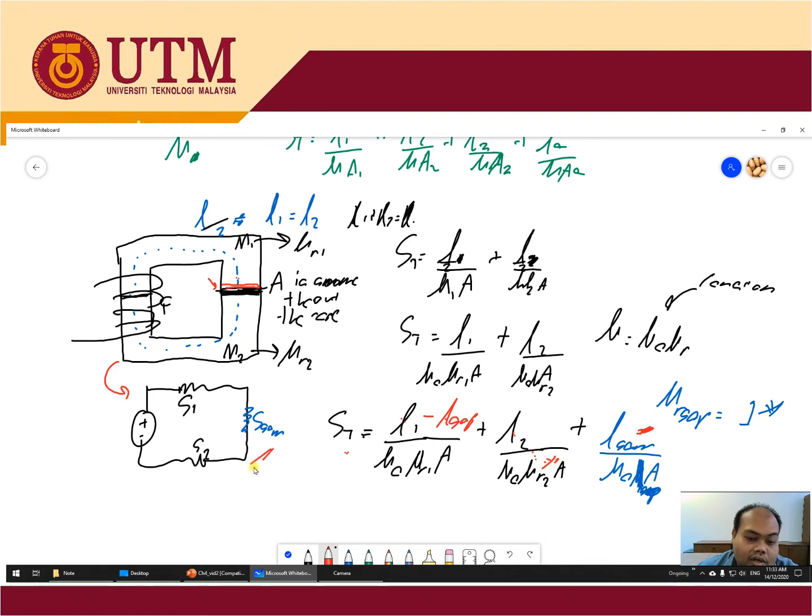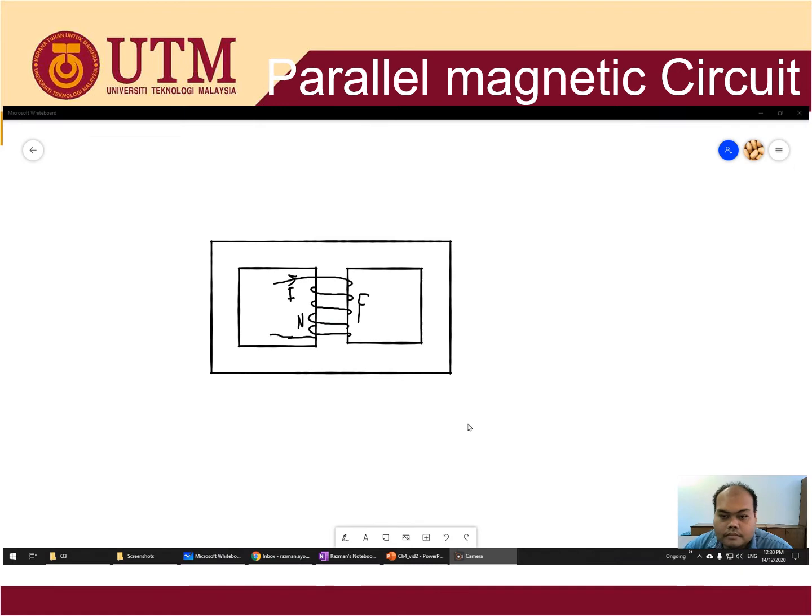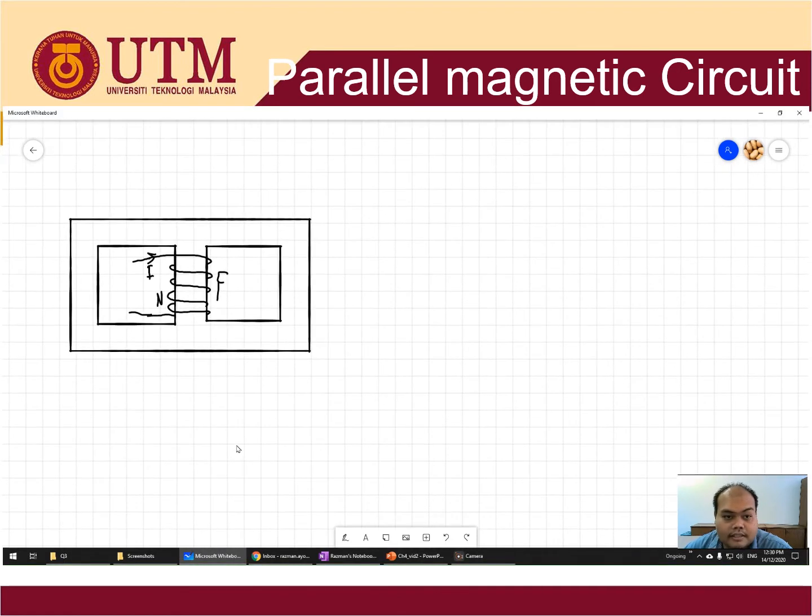I suggest you draw the analog, the electrical analog. Sometimes they give marks for it, sometimes they don't, but I suggest you draw it. Usually they give 3 out of 25 marks, and it is easier for you to see. So for this example, this is a parallel circuit.